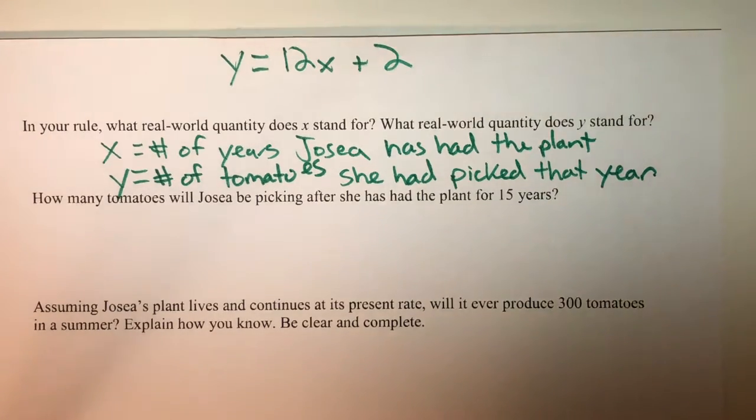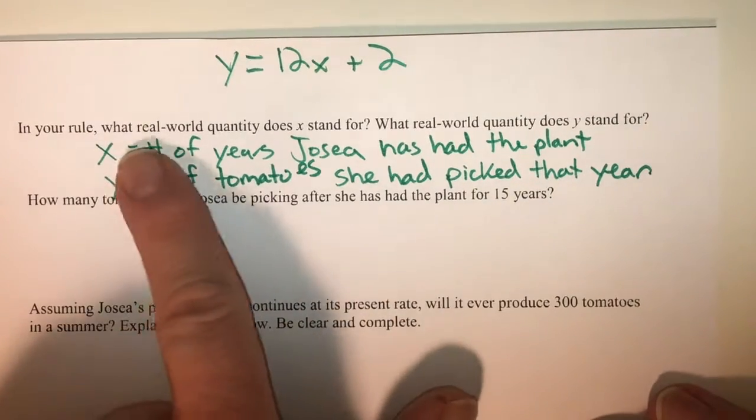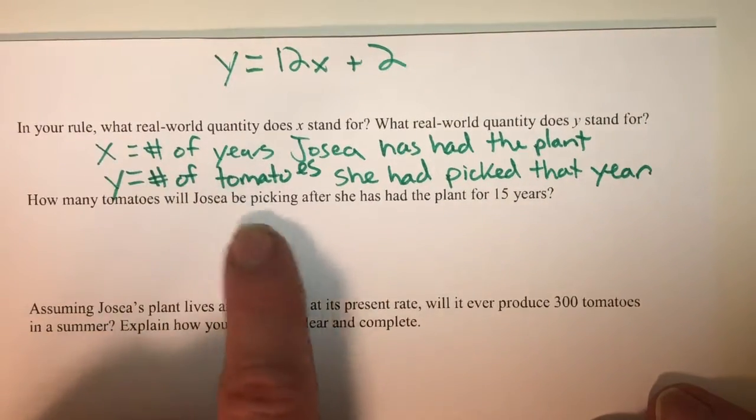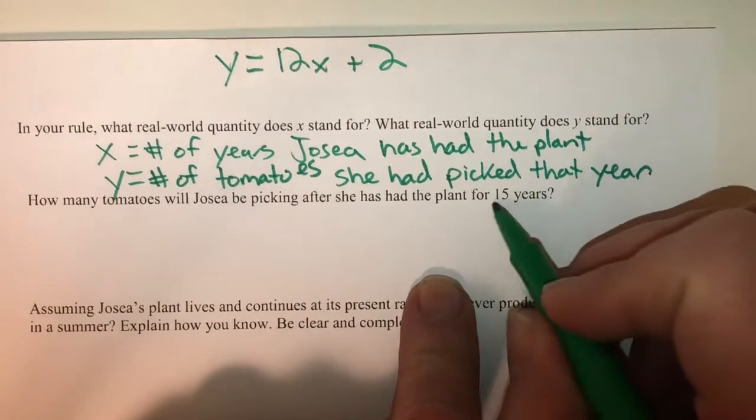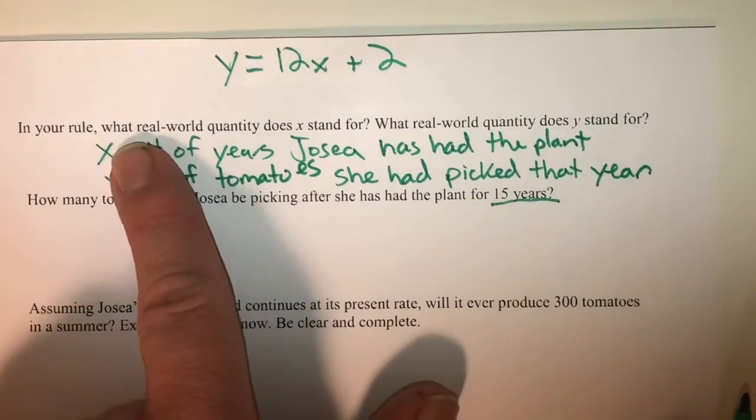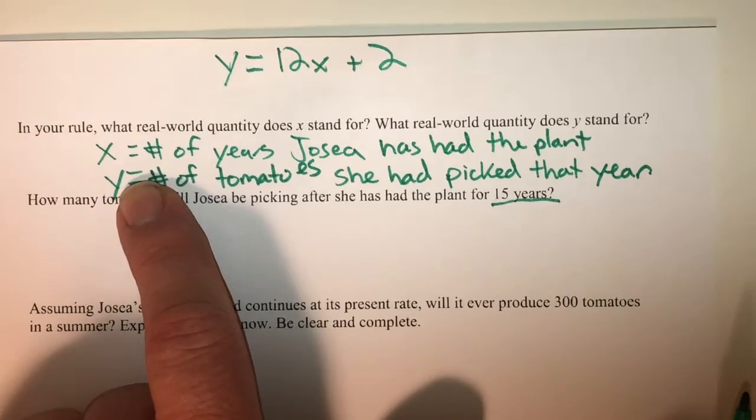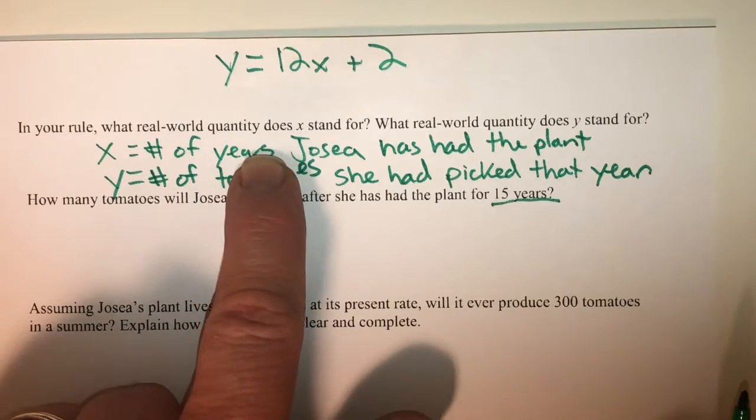So in order to get our question for C, we have how many tomatoes will Josiah be picking after she has had the plant for 15 years. So we think back to, in our variable X or Y, this thing about years. So 15 years, where would that go? Would that go in your X or your Y? Well, it says right here, it's in our years.